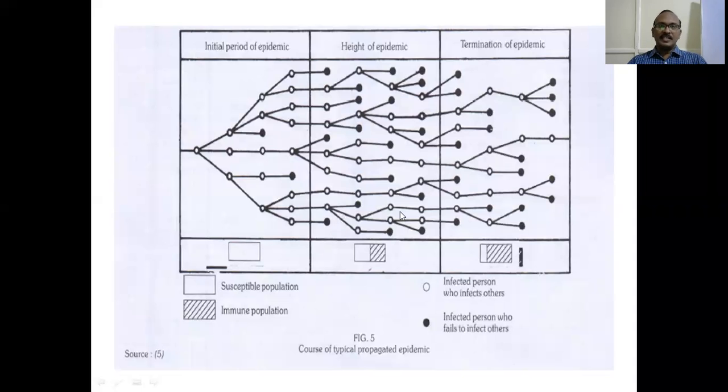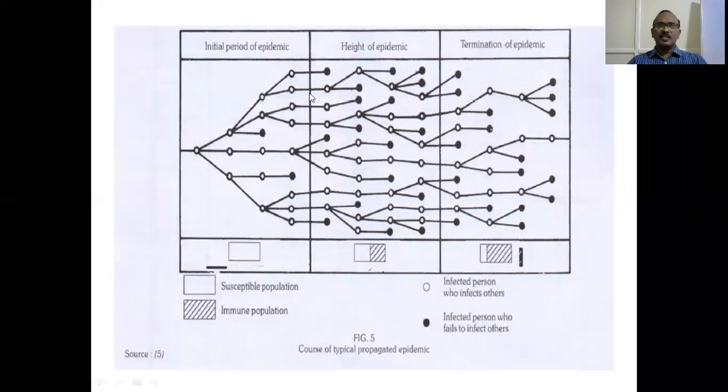As we see, at the height of the epidemic, there is 50% susceptible and 50% immune population. With the termination of the epidemic, we find more people who were infected have become immune to the disease, and very few infected people remain.